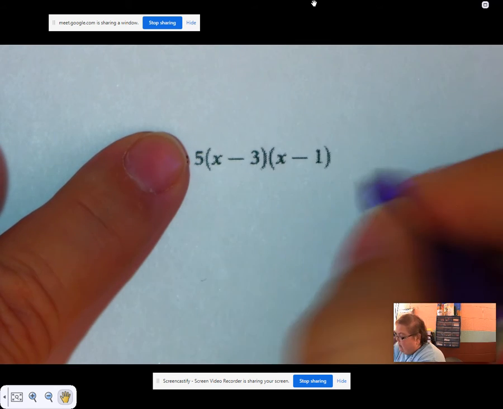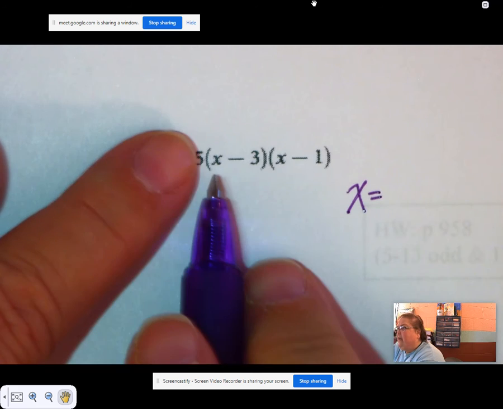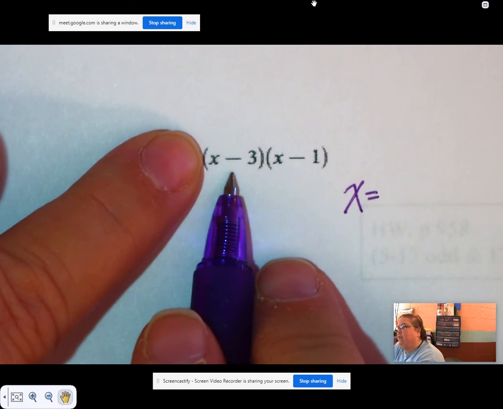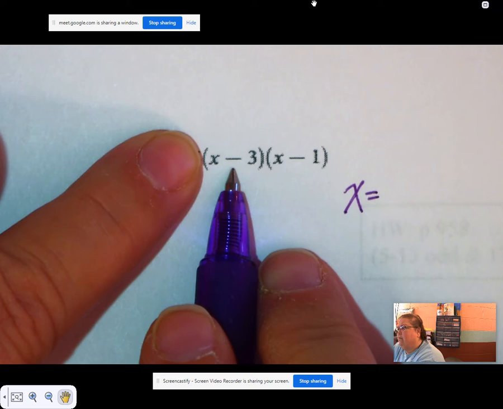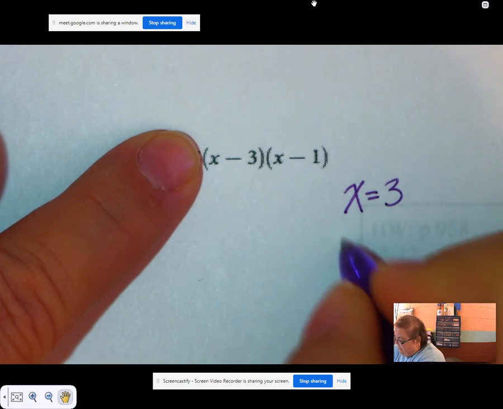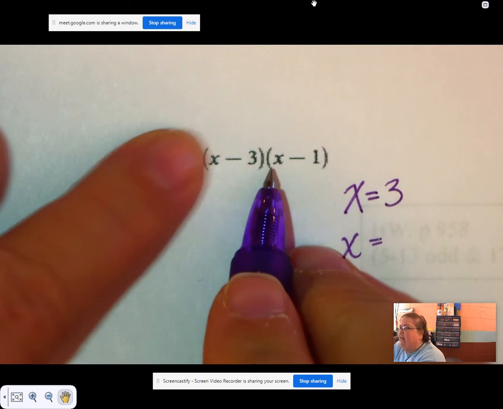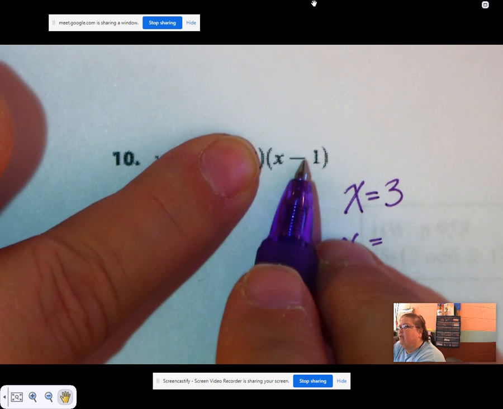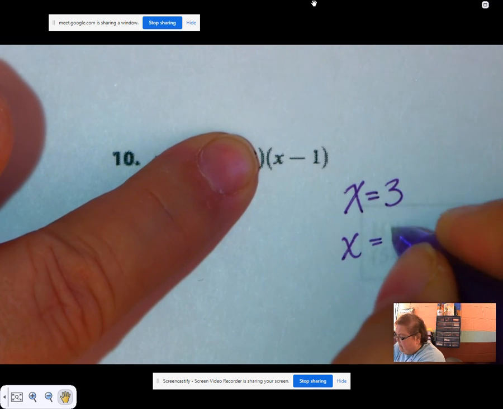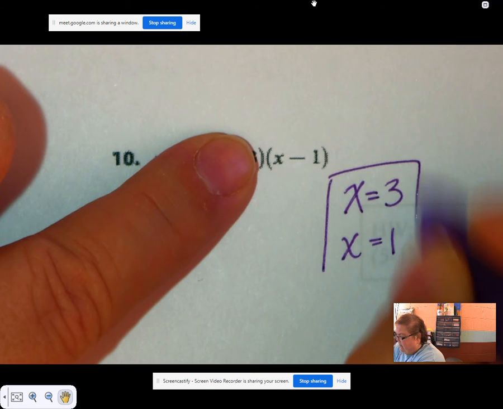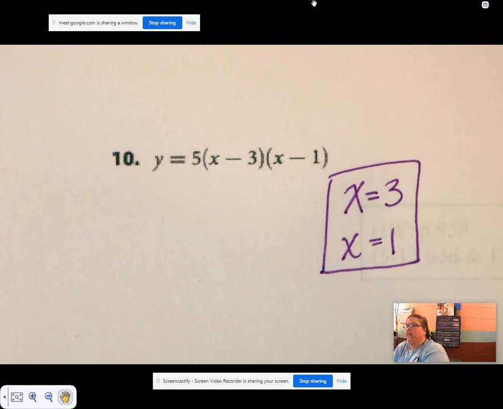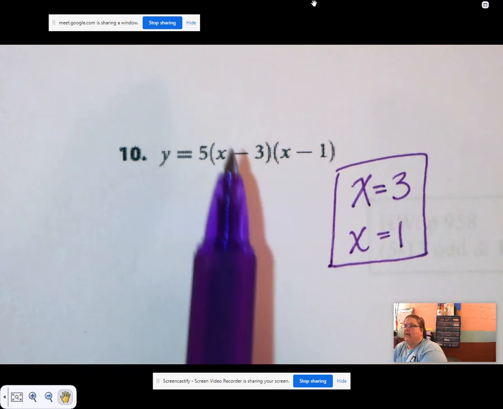All right. What would I need x to be in order for this to equal 0? 3. Need this x to be in order for this to equal 0? Okay?